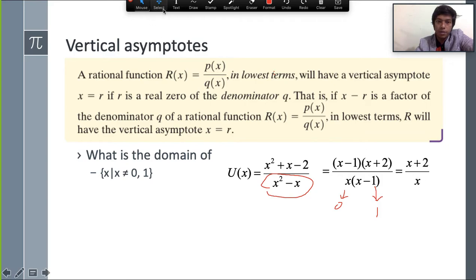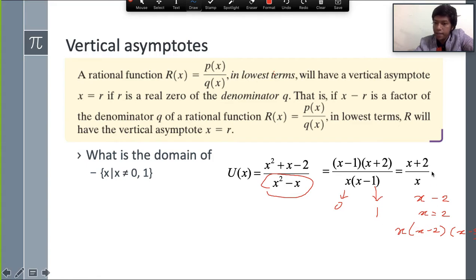Let me write something more. Let's say, suppose after the cancellation you have x minus 2. Then vertical asymptote will be x equals to 2. Suppose you have x into x minus 2 into x minus 3 after the cancellation.